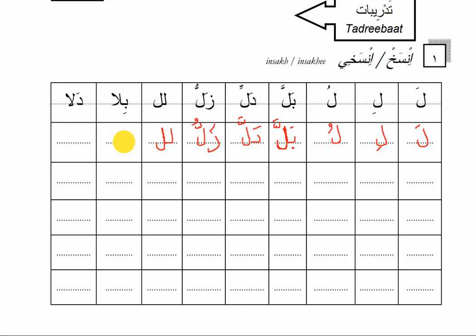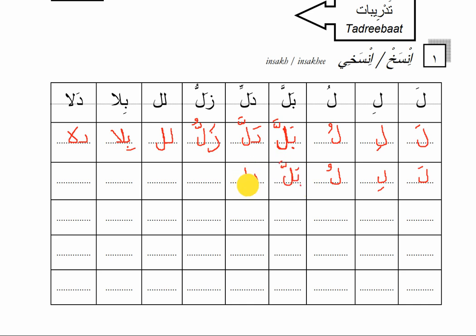Bala. First ba with the lam, as you connect it in the middle, same as the initial lam. Ba lam and alif, bila. Dal, non-connector, and then how you're going to write with lam alif. Start with the alif as a slant line, comes back and go up, lam alif. So I'll write once more: lam with a fatha, lam with a kasra, lam with a dhamma, bala as ba and shadda fatha.